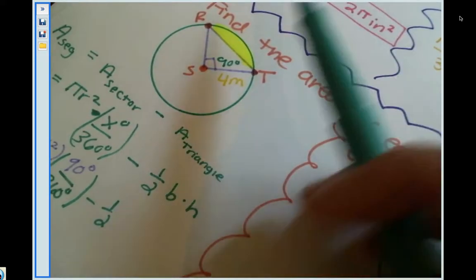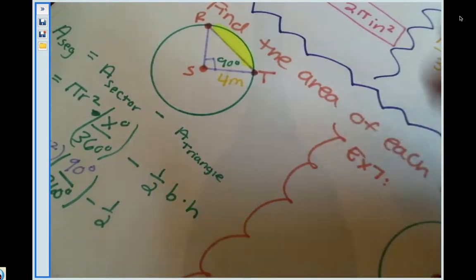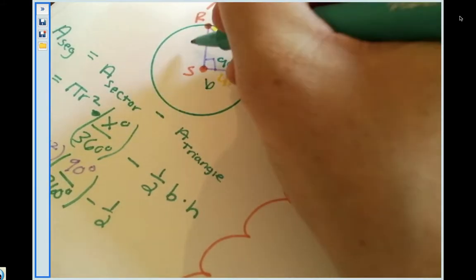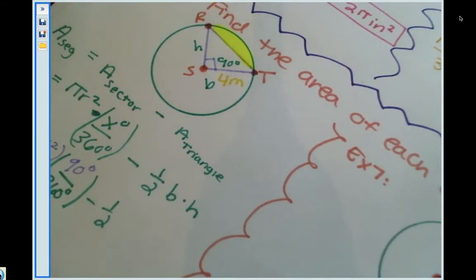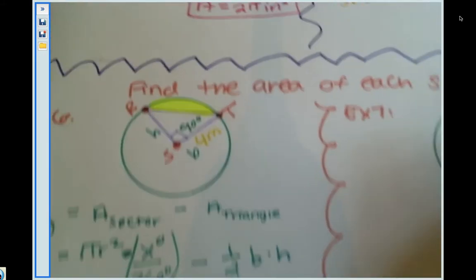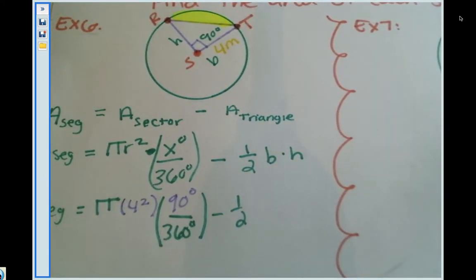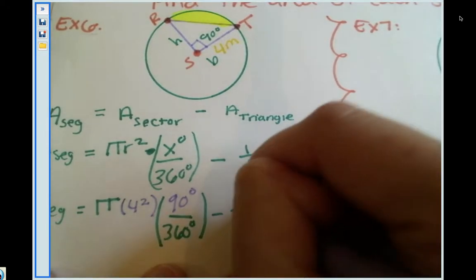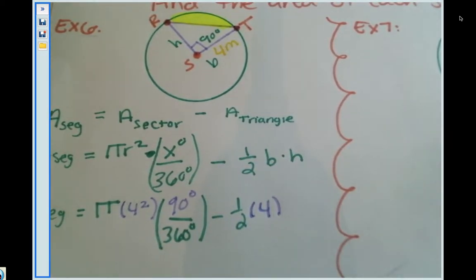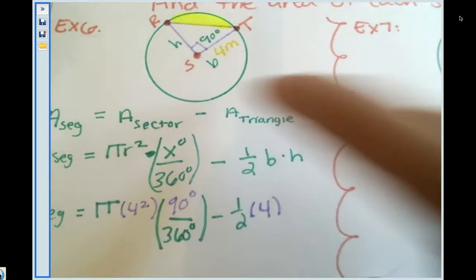See how there's this 90-degree angle? So I'm going to call this my base and my height of the triangle. The base is going to be 4 centimeters, times my height, which I don't currently have.